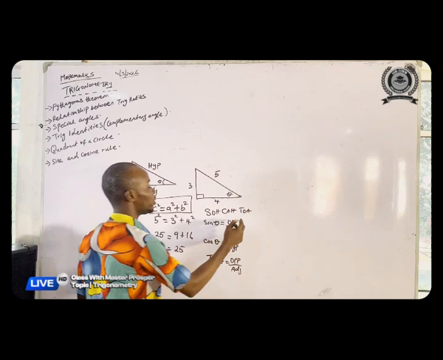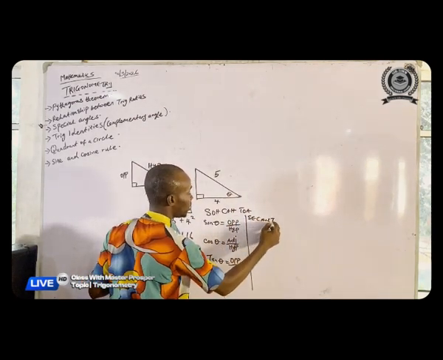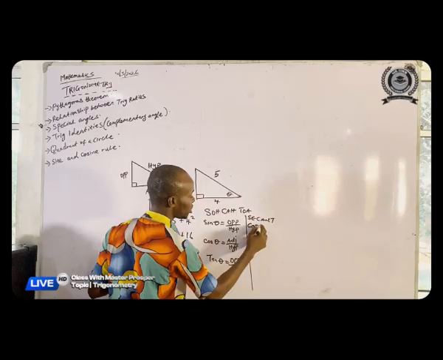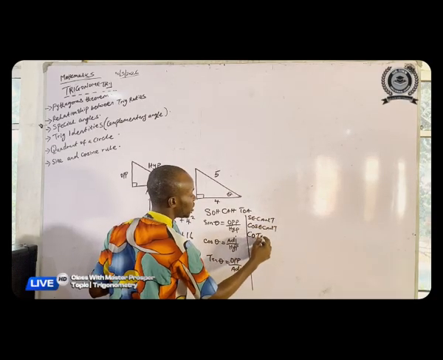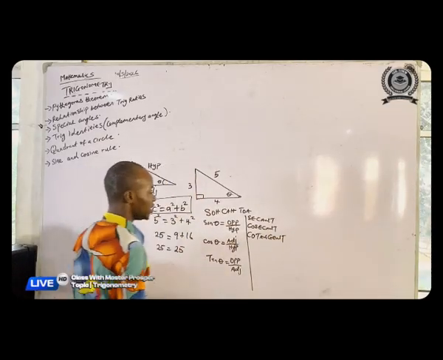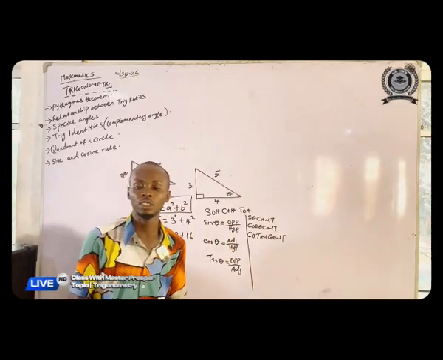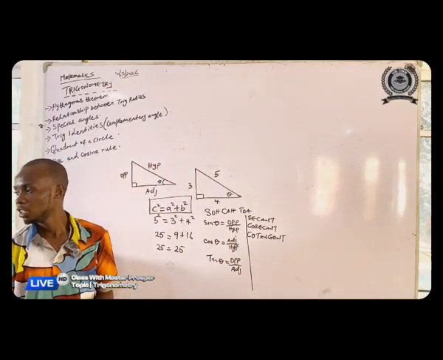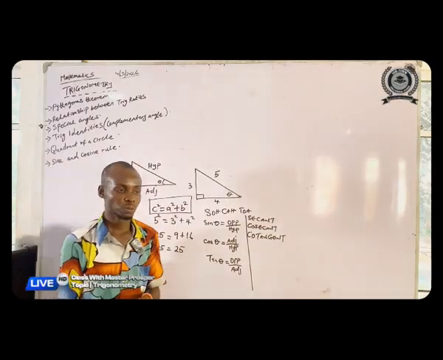He now introduced what we call the secant, the cosecant, and the cotangent. When he was thinking it, he made it easier for students to know the words sec, cosec, and cotangent.